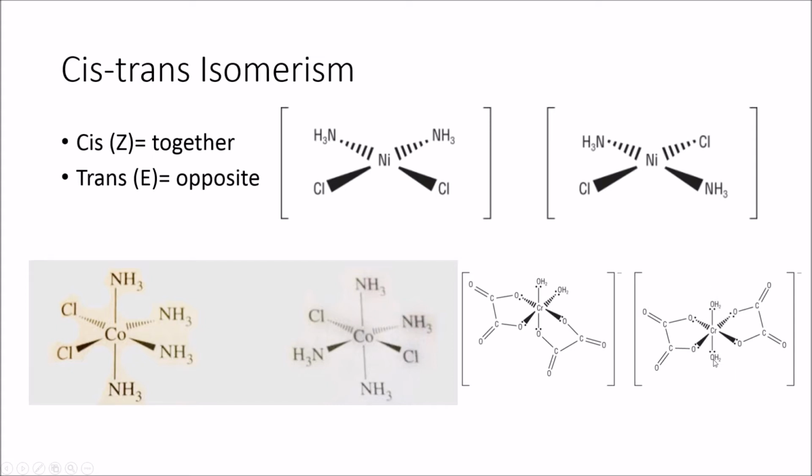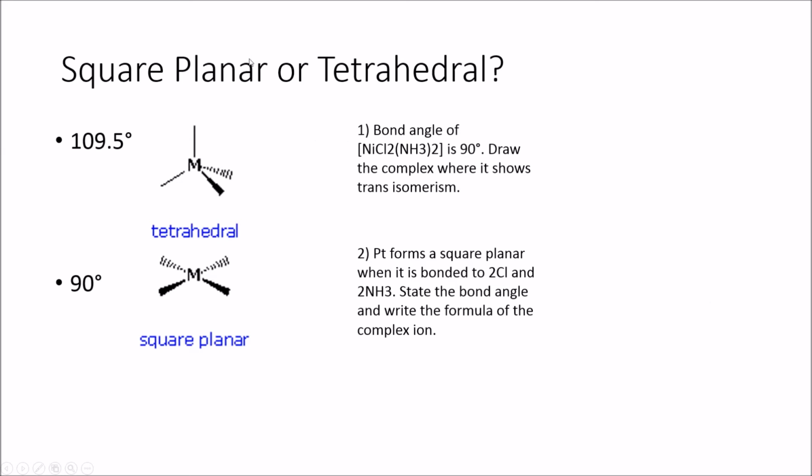A lot of people get confused with when is it square planar and when is it tetrahedral. As you can see in both cases here, this is just a general structure being shown. We're not using specific ligands or central metal ions at the moment. We can see that the coordination number in both cases is 4.